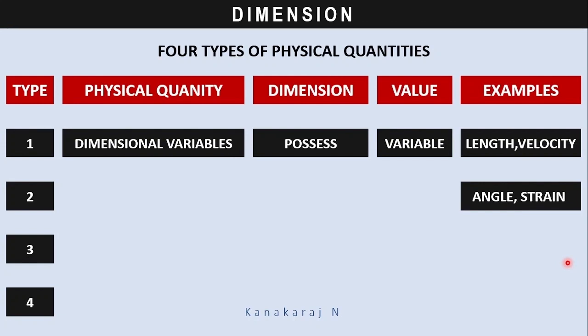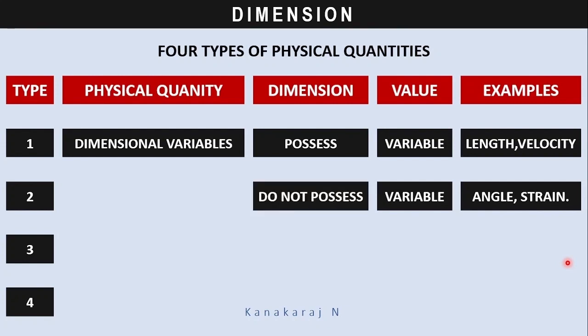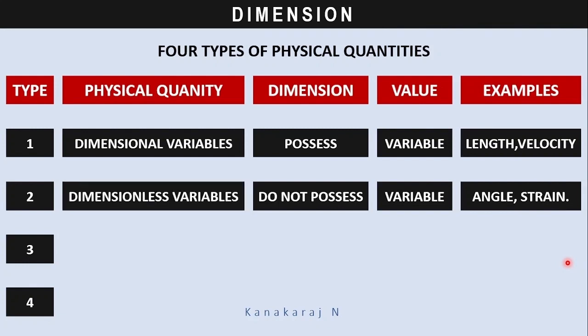The next, angle and strain. They are the ratio of the same physical quantity. Angle equals arc length by radius and strain is change in length by original length. So they don't have dimension and their values are variable. So angle and strain do not possess dimension and their values change, so they are called dimensionless variable.